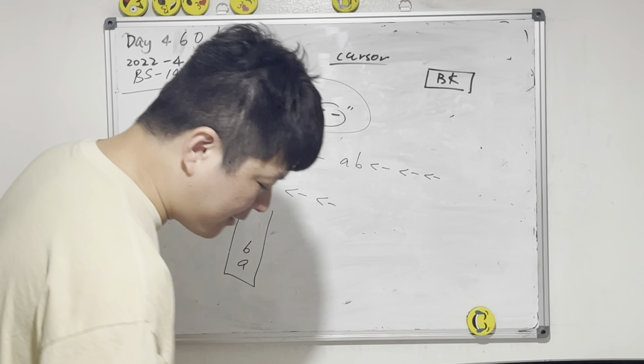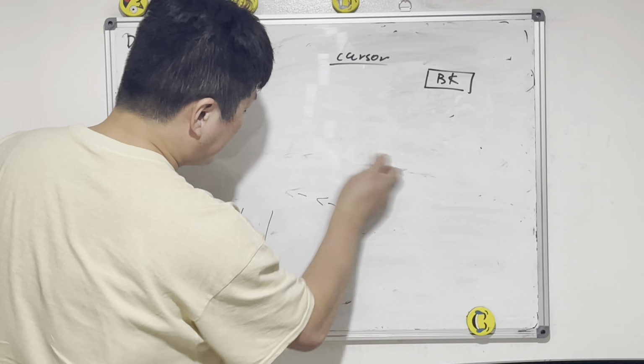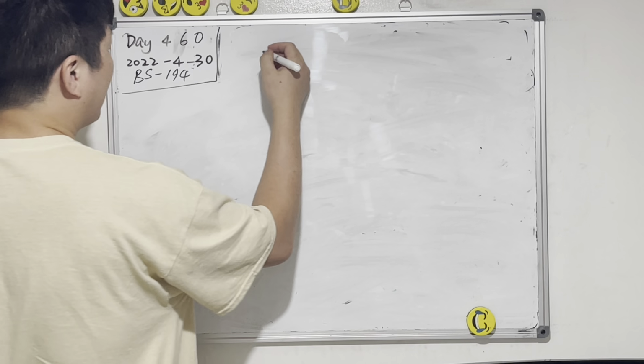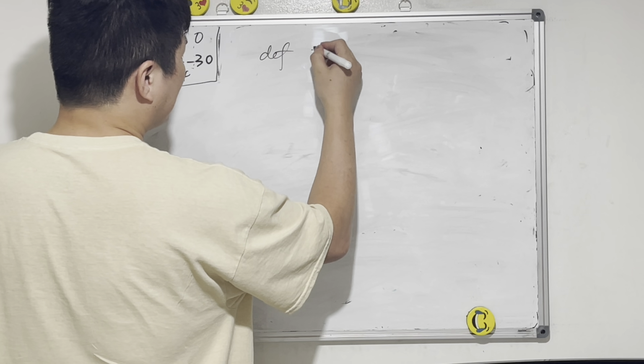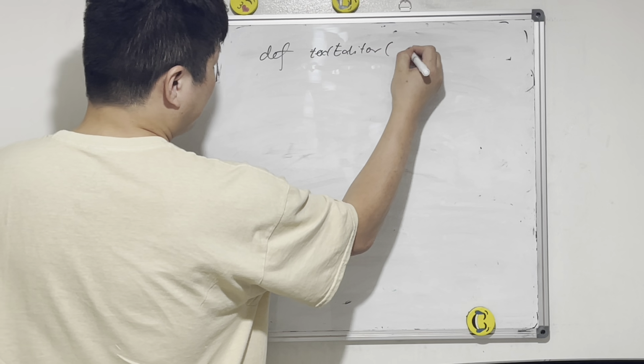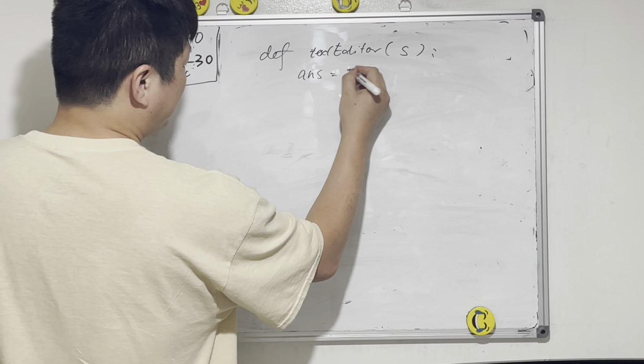Okay, so let's quickly write this. We can do this using the stack easily. Let's say we have this text editor and we have this string. So we have a stack, answer equals empty stack.